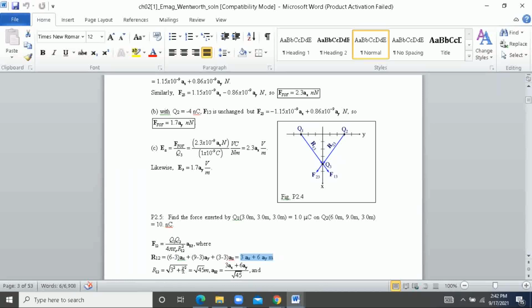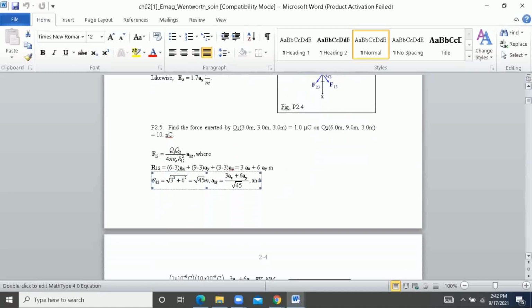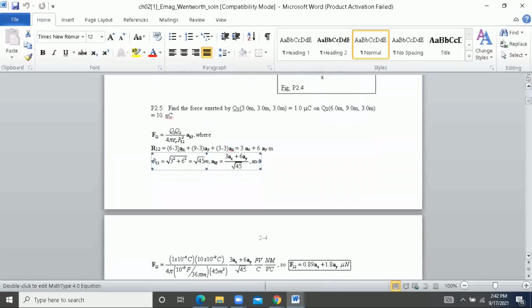So this vector divided by the magnitude gives you your unit vector. So you go back to your equation now.